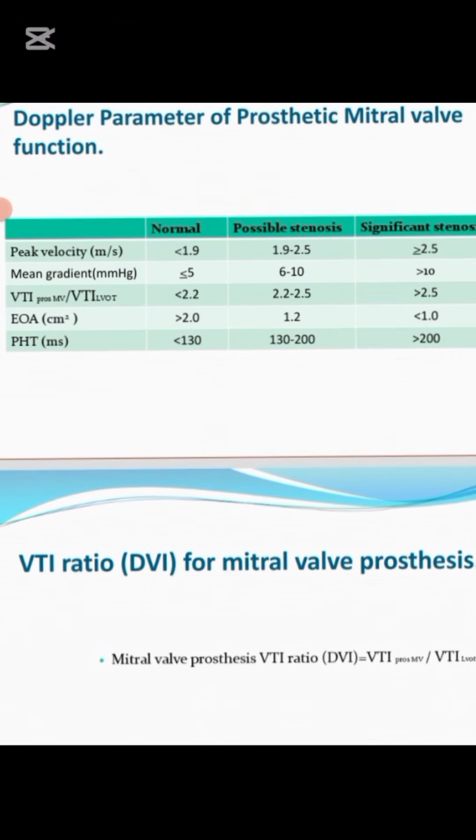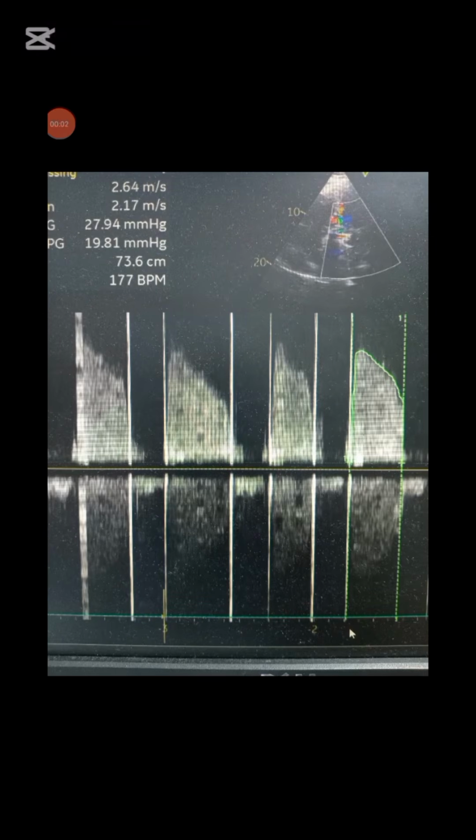Effective orifice area greater than 2.5 is normal and less than 1.0 is significant stenosis, and also the pressure half time is less than 130 is normal and greater than 200 is significant stenosis. So let's see the Doppler parameters in this case: the velocity, the mean gradient, the DVI, the effective orifice area, and the pressure half time.